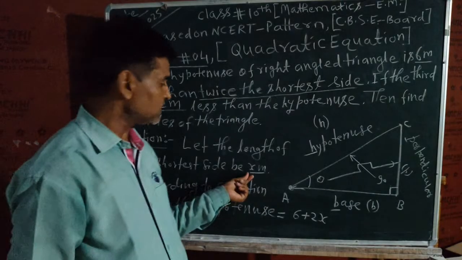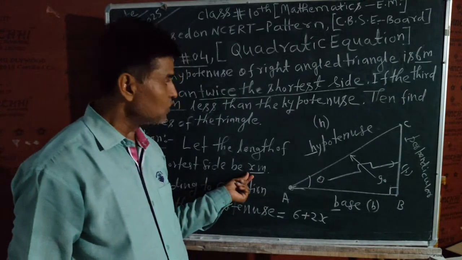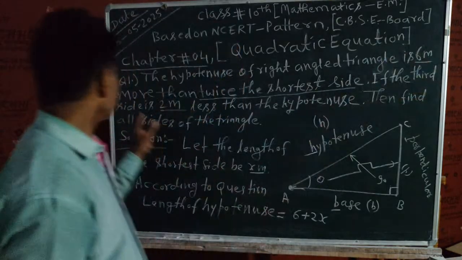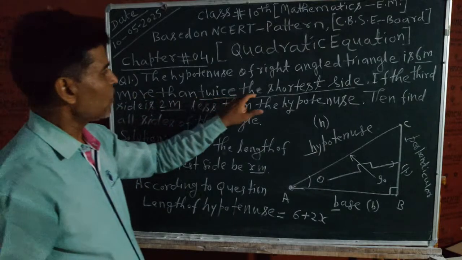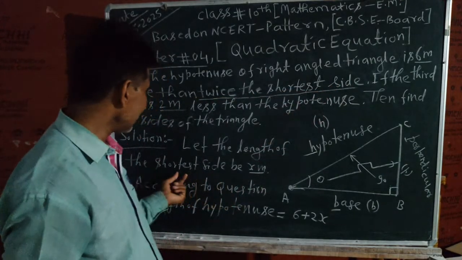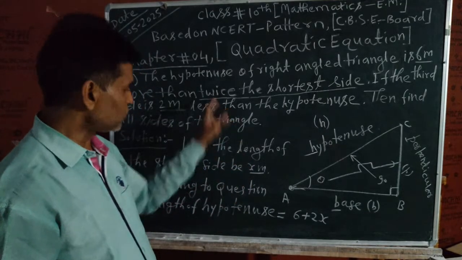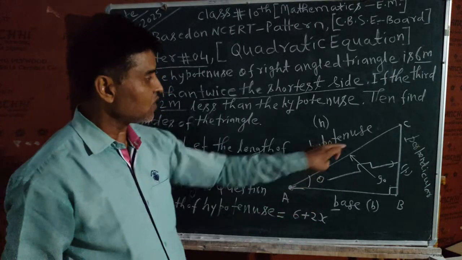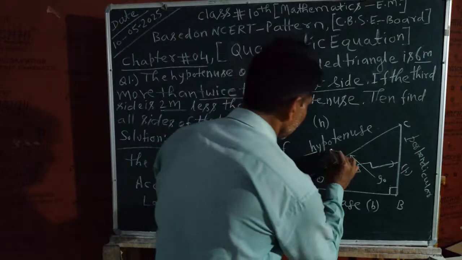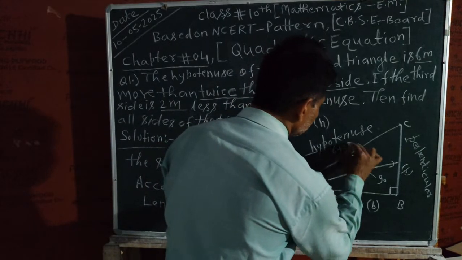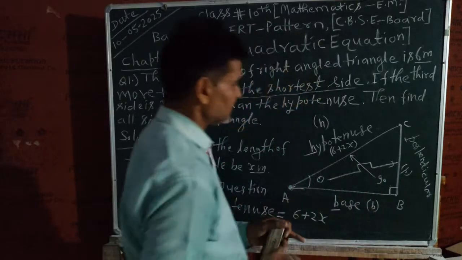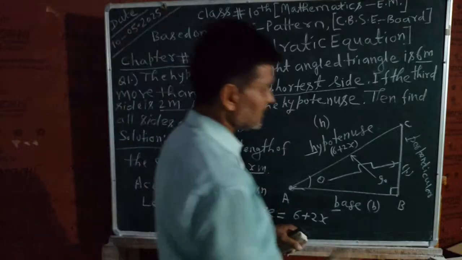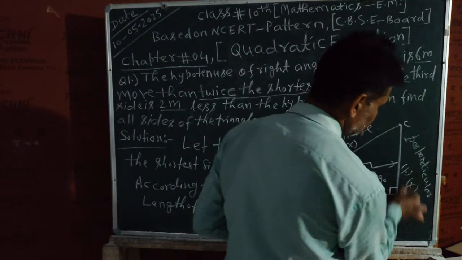I have assumed the shortest side to be x. According to the question, the hypotenuse is 6 more than twice the shortest side, so we have to take twice x, and twice x plus 6 is the length of the hypotenuse. So here I will write 6 plus 2x. This is the length of the hypotenuse. And here I am going to say this length will be, suppose, x.